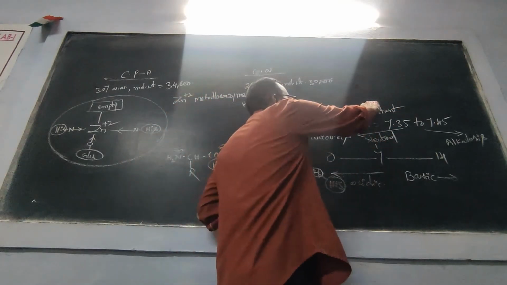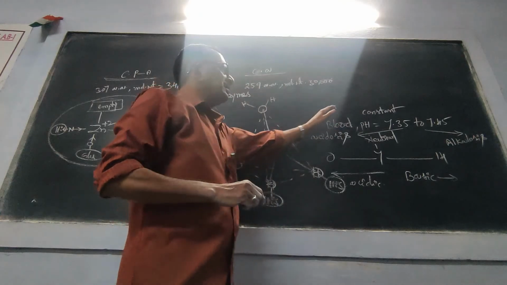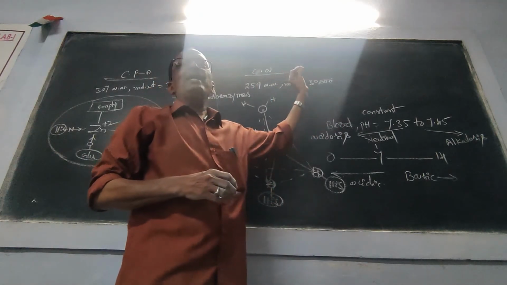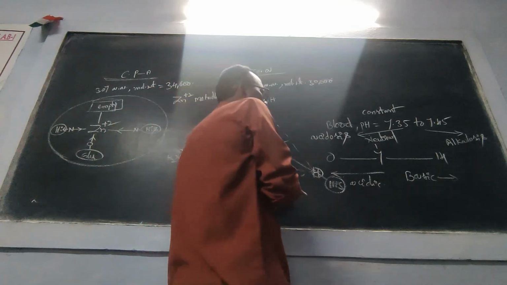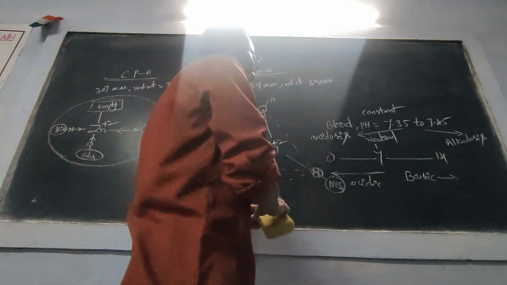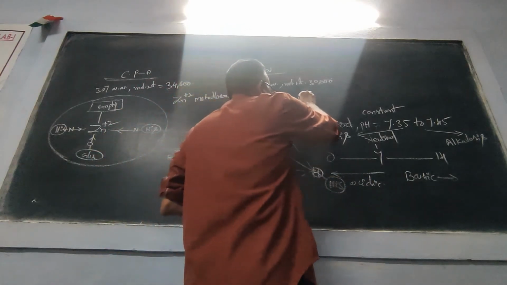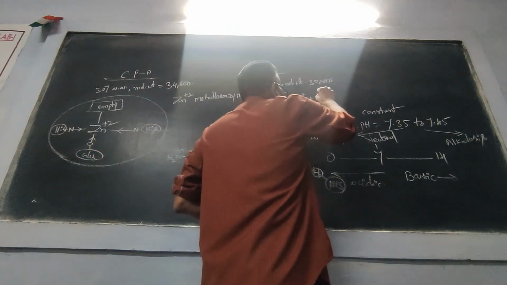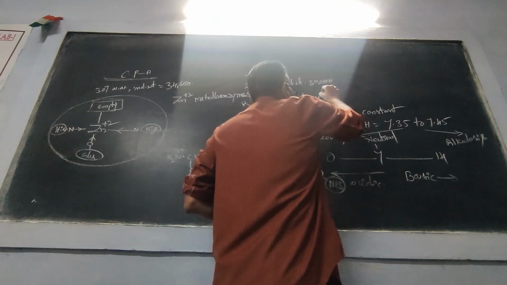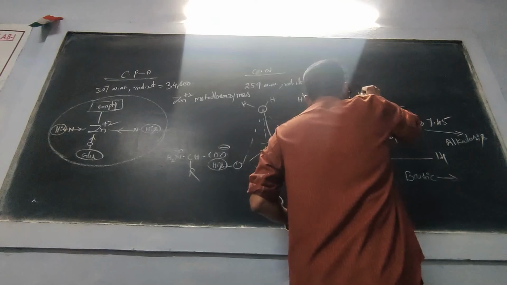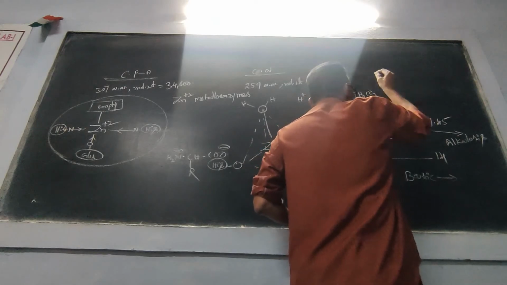Now, how is this possible? This is done by our carbonic anhydrase enzyme. That means the main reaction catalyzed is H+ plus HCO3-, that is bicarbonate ion, which will give us H2CO3.